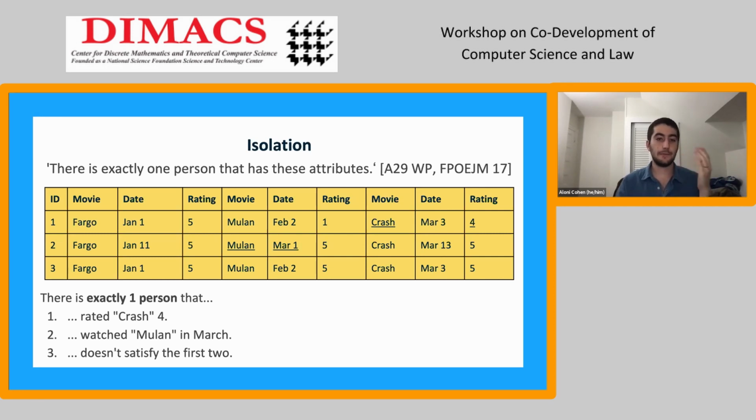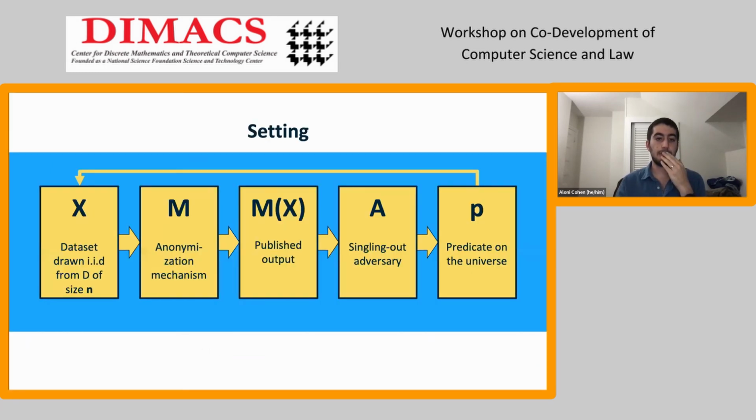Okay, let me move on to the math. So what's the setting? There's this database X, which I already mentioned to you. I assume it's drawn from a distribution. If that's meaningless to you, don't worry about it. Feed it through this anonymization mechanism M, out comes the output. You give it to an adversary, some party A, who outputs a predicate.